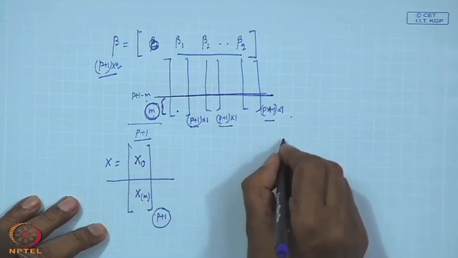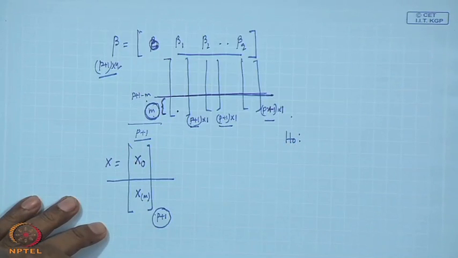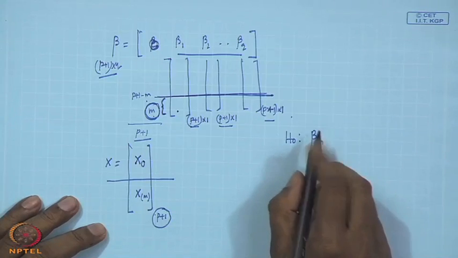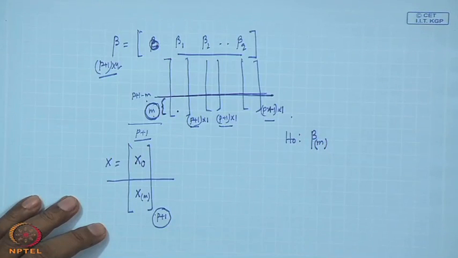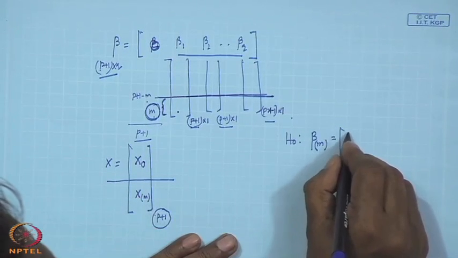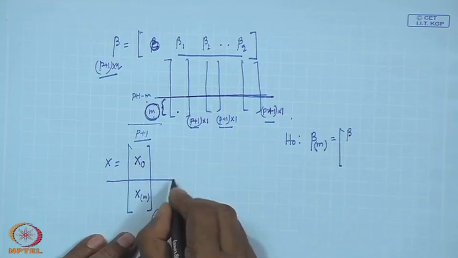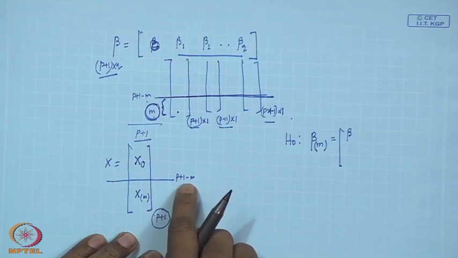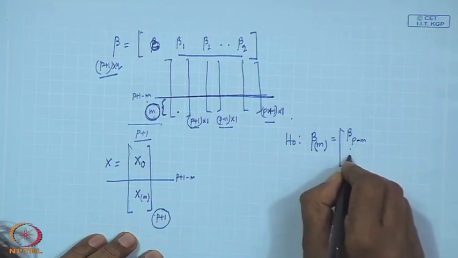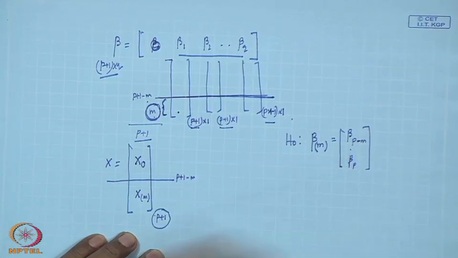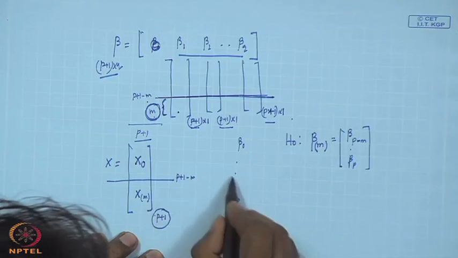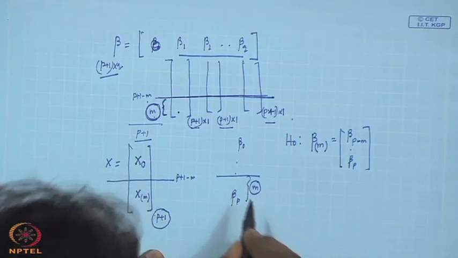Under H0, the null hypothesis, we are saying that beta m, which is beta from P plus 1 minus m plus 1, that is P minus m, to beta P, out of beta 0 to beta P, I am taking the last m as not contributing.